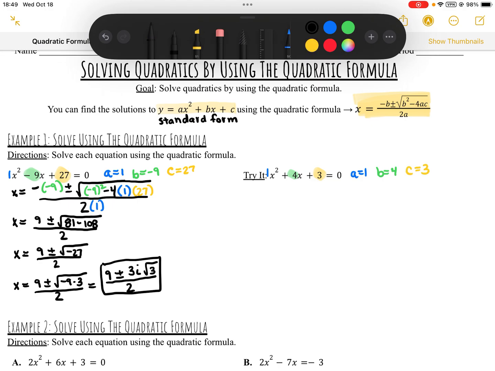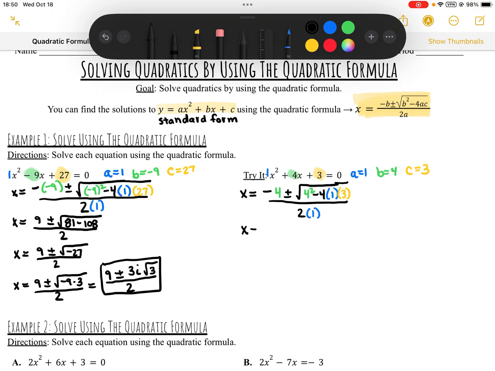So now I'm going to substitute these values into the quadratic formula. So I have x equals negative b plus or minus the square root of b squared minus 4ac, all over 2a.